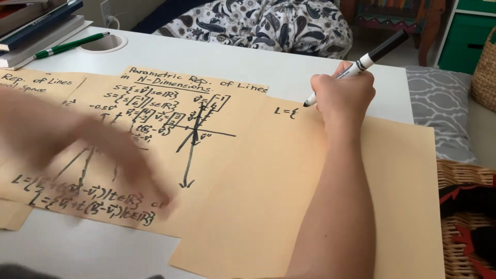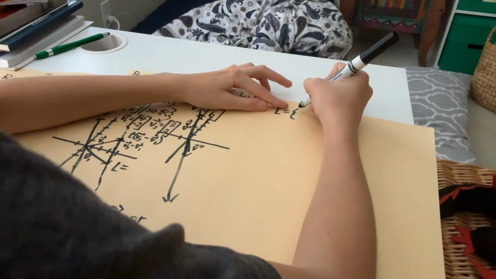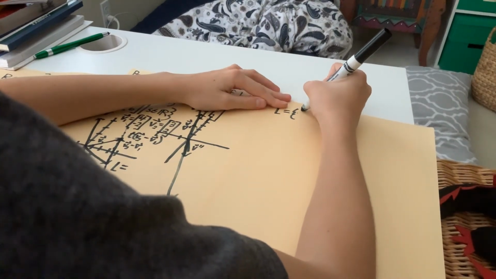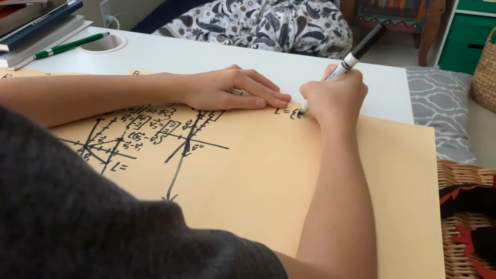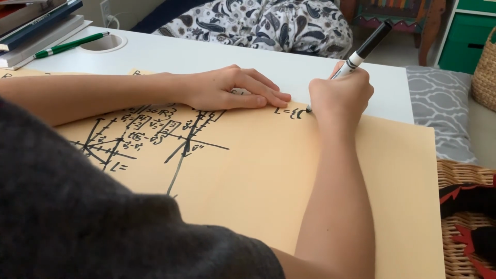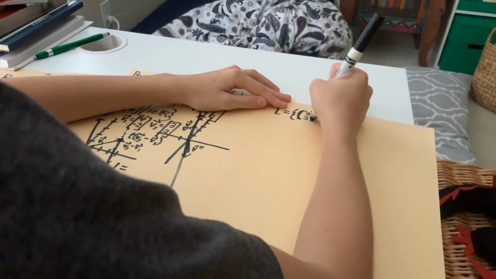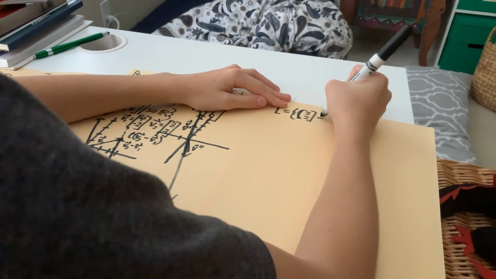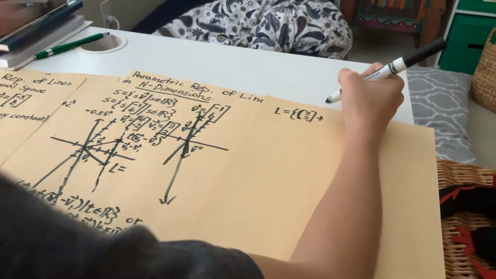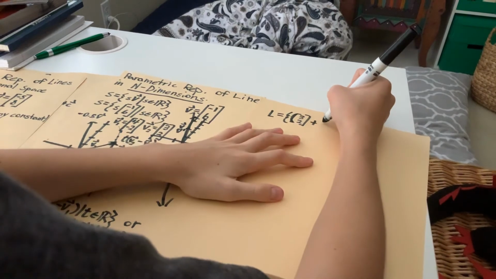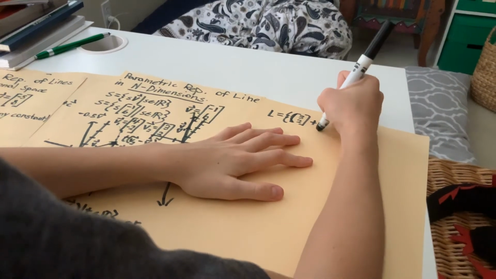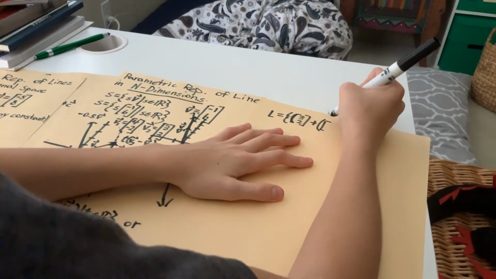I could use v1 as well, but I'll use v2. So v2, I'm just copying down v2 here, plus the difference of v2 and v1.